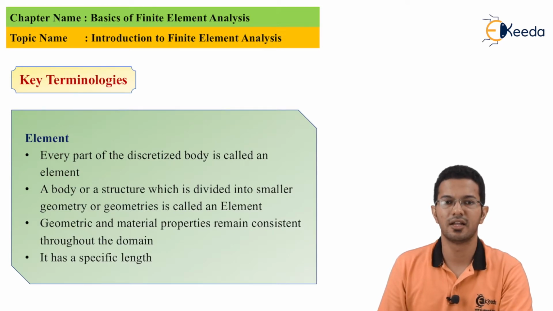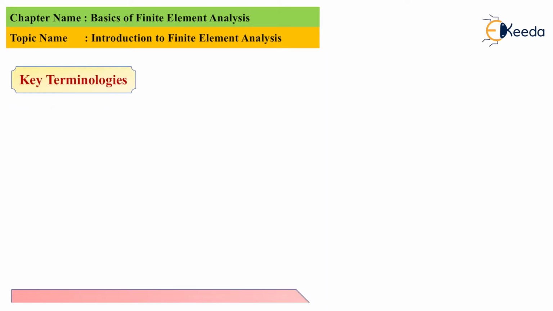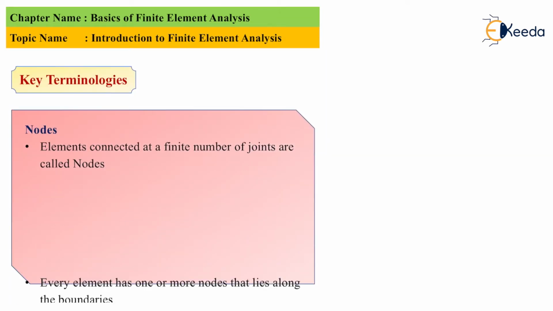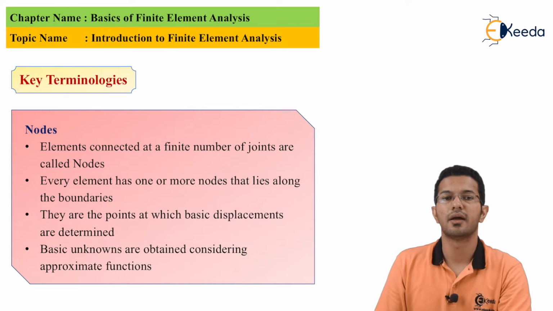An element is divided into three types, that is, one-dimensional element, two-dimensional element, and three-dimensional element. In the next few topics, we will be understanding each and every type of element and their benefits for getting a solution. Now, let's understand the meaning of nodes. The endpoints of an element are called nodes.